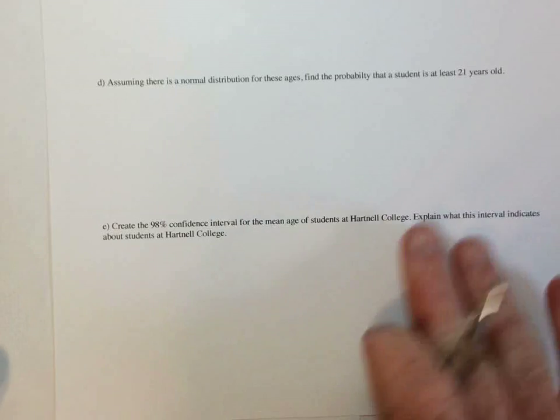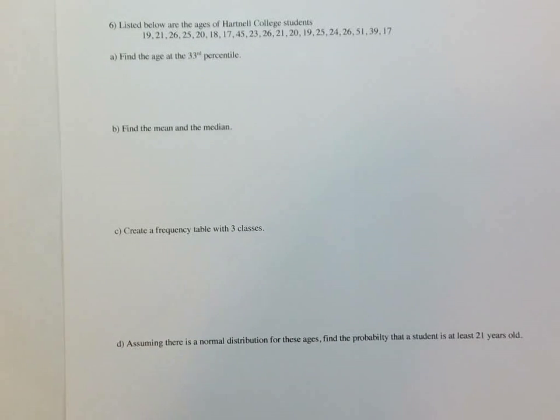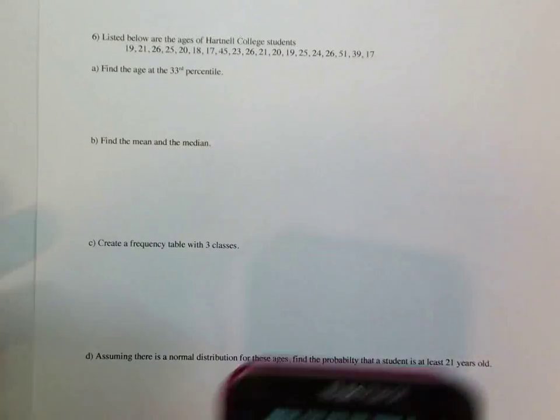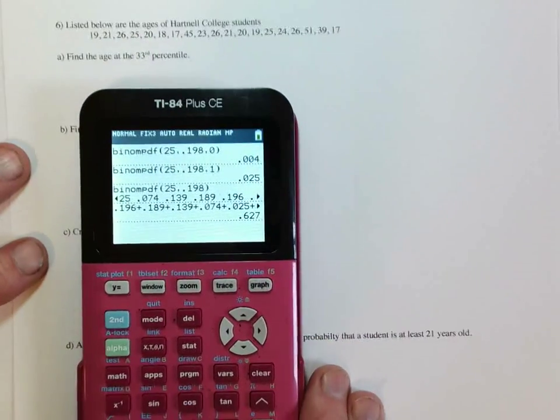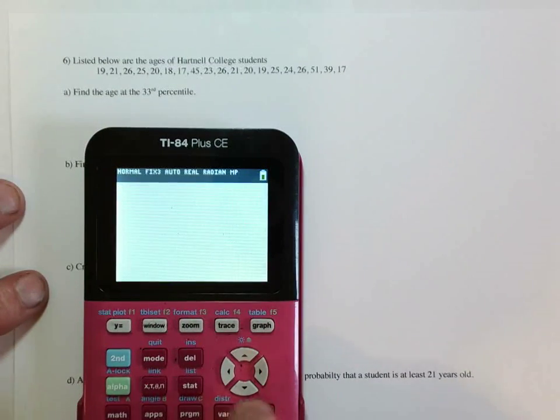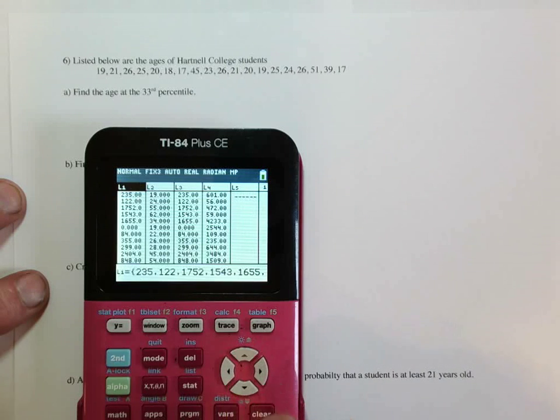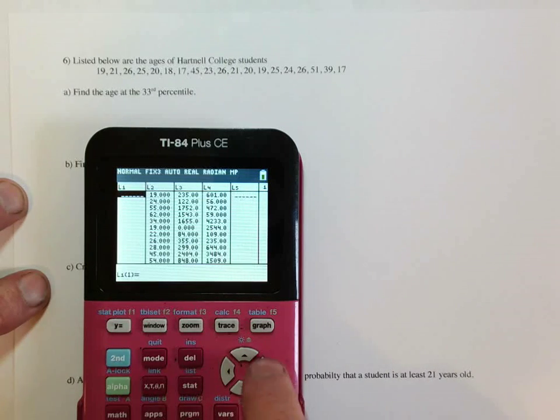And then on to, hey, is this the last page already? Wow, this went fast. So this is also from the beginning of the semester. So first of all, I'm going to type these numbers in. This one I did not type in ahead of time, so you're going to get to watch me type in the numbers. So let me just clear out. That's fine.